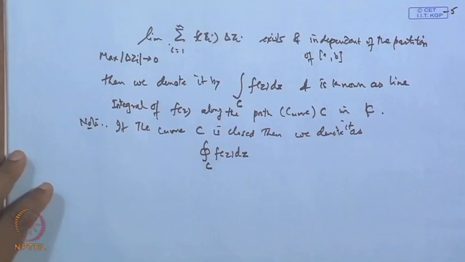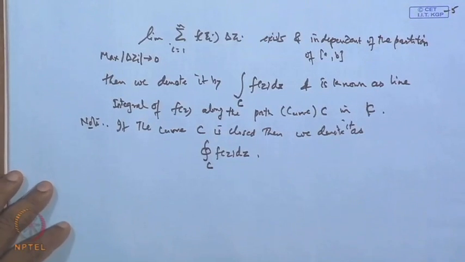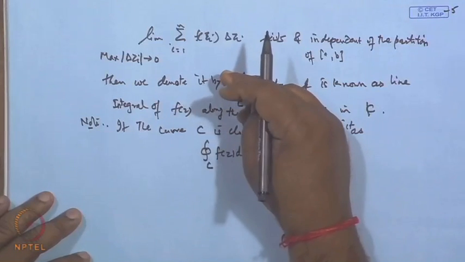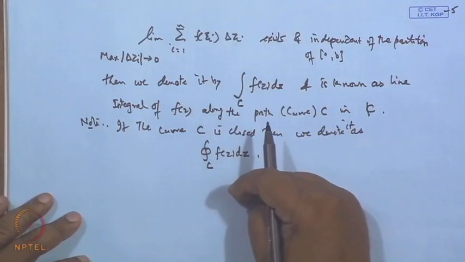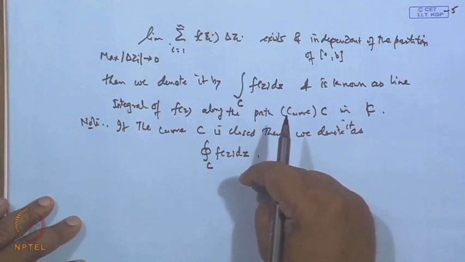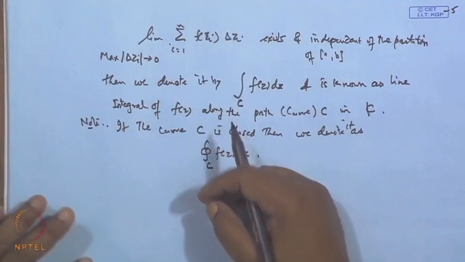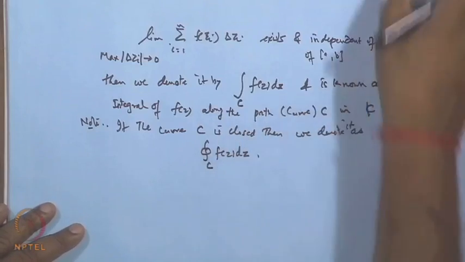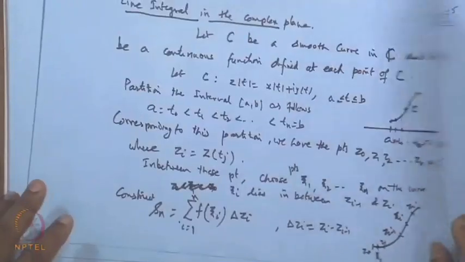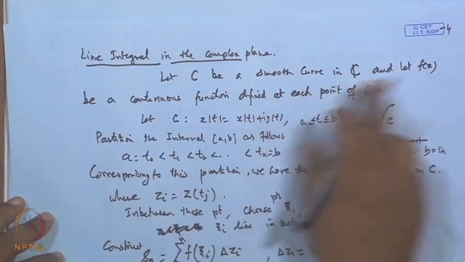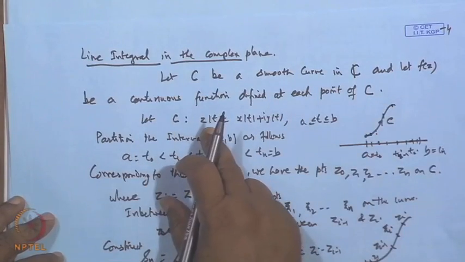Okay. So, under what condition will this integral exist? Let us see the existence of this complex integral, because what we have assumed is that C is a smooth curve and f is a continuous function, is it not?